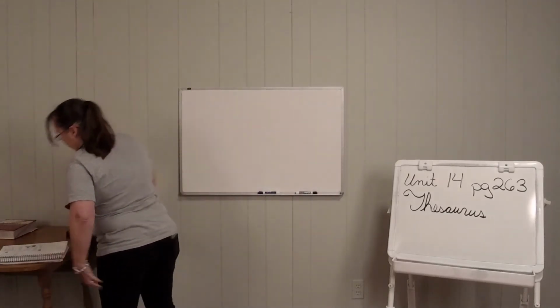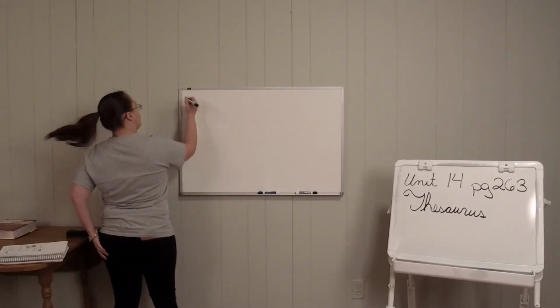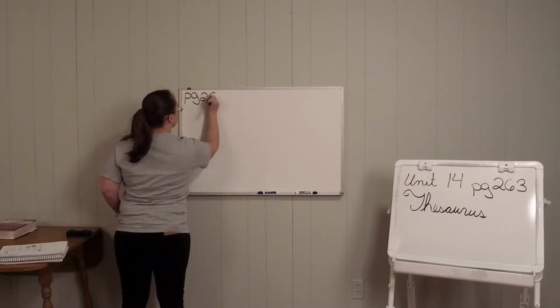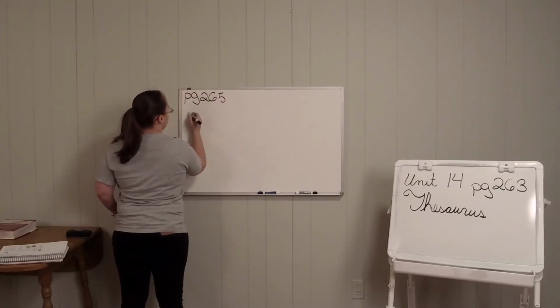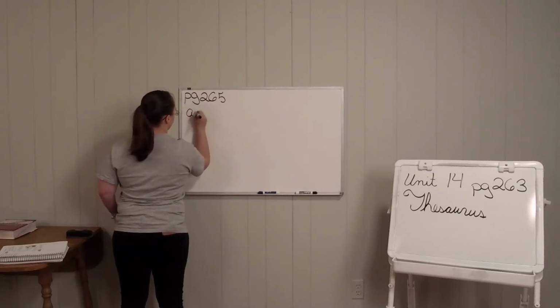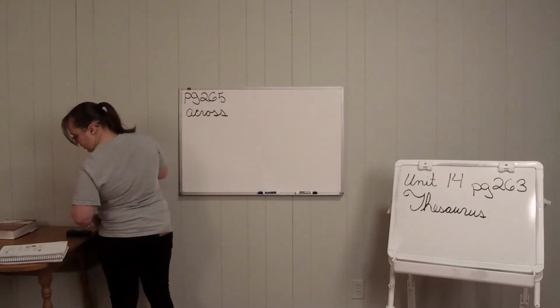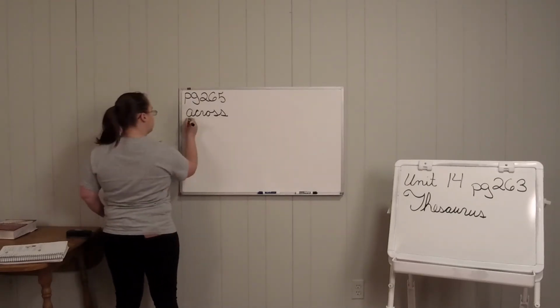Alright, so we're going to look at page 265. And we're on the crossword puzzle, and I'm first going to look at the words that are across, and there are 1, 3, 5, and 7.